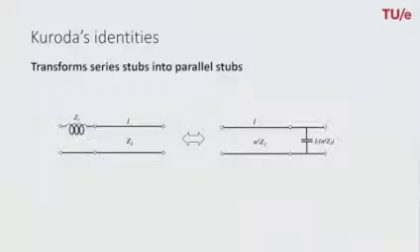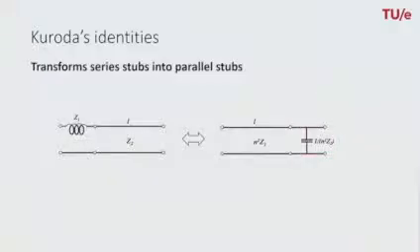The value of the inductor represents in fact a series shorted stub with a characteristic impedance given by Z1, and the shunt capacitor on the right side represents a shunt open stub with a certain characteristic admittance.